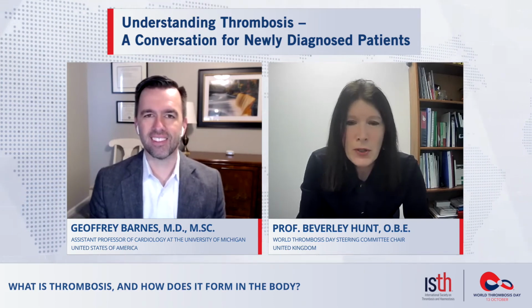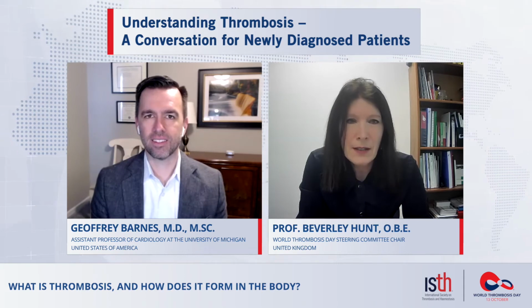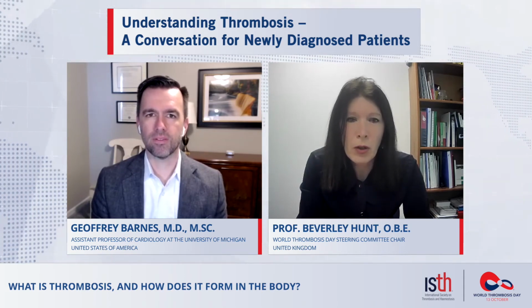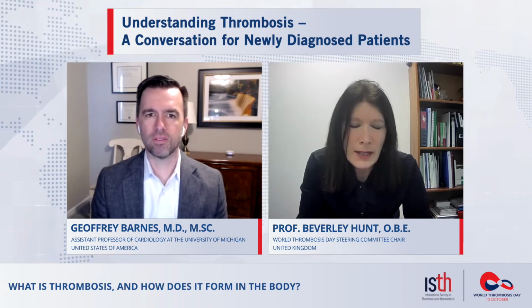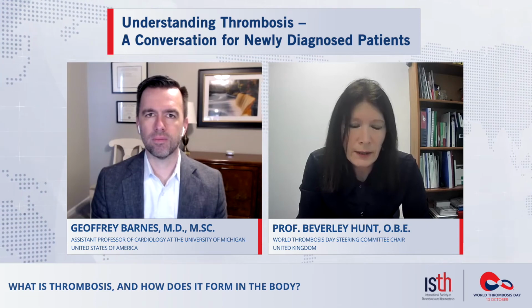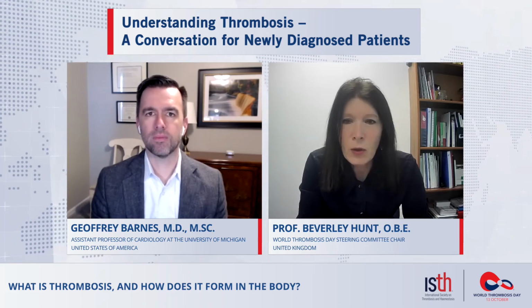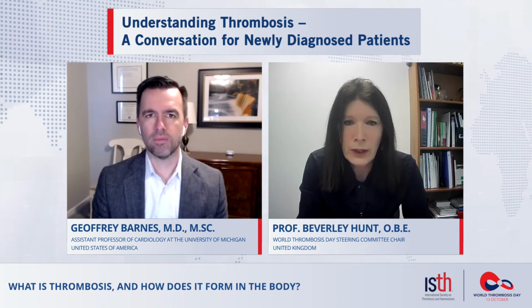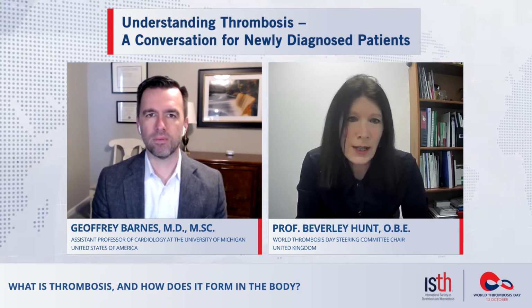So that process is called clotting. And in order to stop the hole, we need to form a clot. And a clot's made up of two constituents, really, some little things called platelets, and also the clotting factors work together to make something called fibrin. So that's really what a clot is.